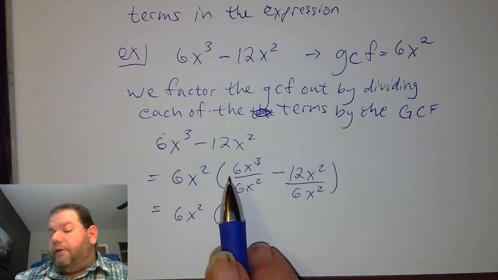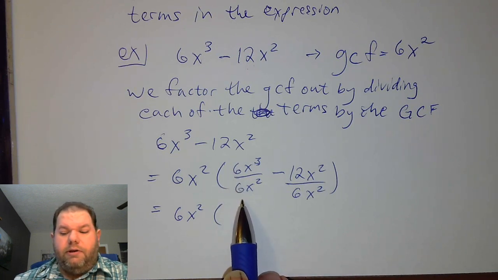We know the 6's will cancel. 6 divided by 6 is 1.